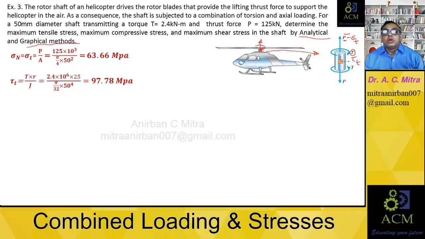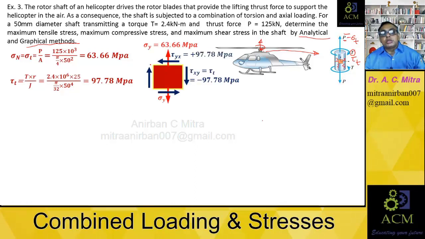Now we have to draw these stresses in the element diagram. So I just show all the stresses in this element diagram. I just explain this, how the stresses are shown in this element diagram. I write down the same numbers here in that element.